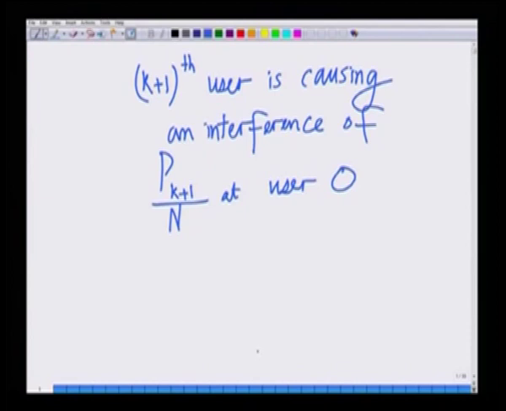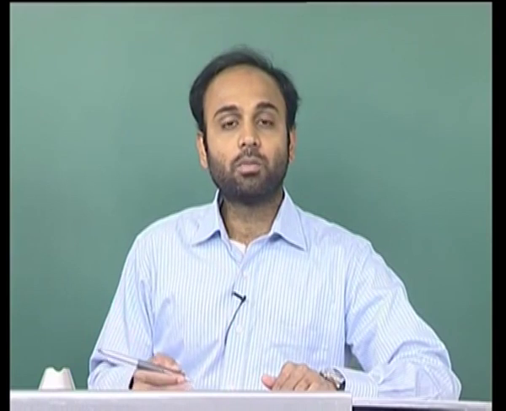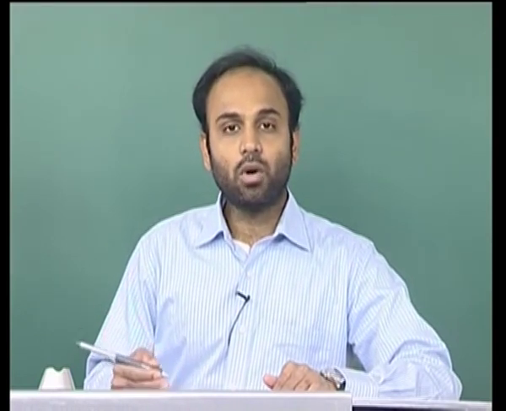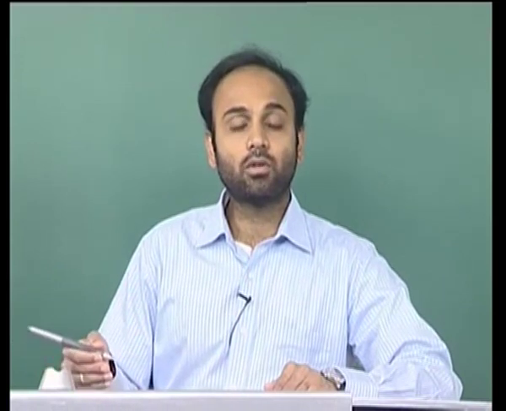Now, remember user 0 is nothing special, because user 1 also sees the k plus 1th user as an interferer. So, user k plus 1 will cause an interference of P k plus 1 over n at user 1. Similarly, it will cause an interference of P k plus 1 over n at user 2, and so on and so forth.